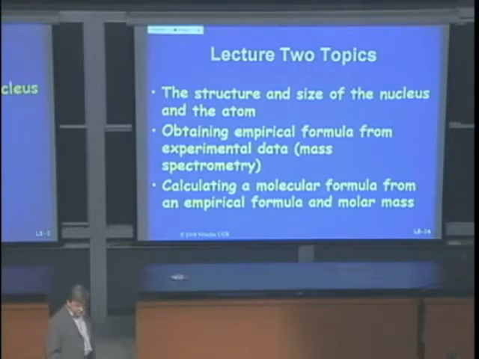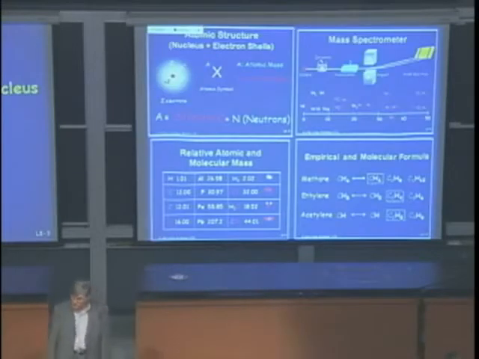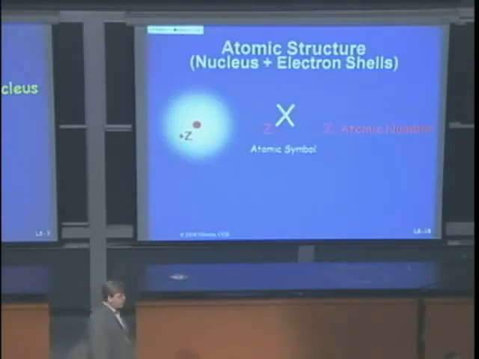Lecture 2 topics. We have talked about the structure and the size of the nucleus and the atom. So we know that the nucleus is positively charged. Why is it positively charged? The protons have a positive charge. And what else do we have in the nucleus?